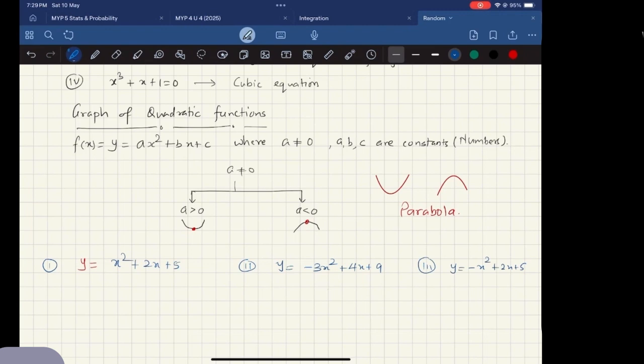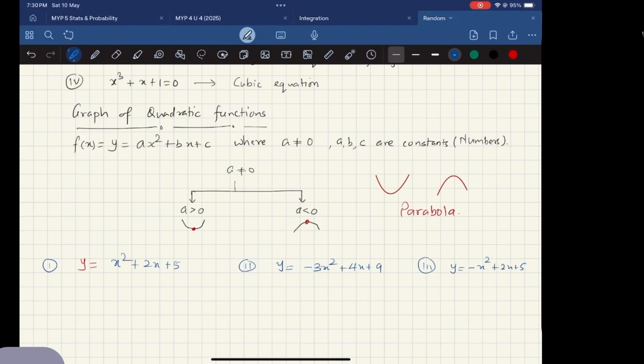What about the first one, happy or sad? Happy. Very good. The second one? Sad. Very good. And the third, sad again. Very good. And it is happy or sad because of what reason?